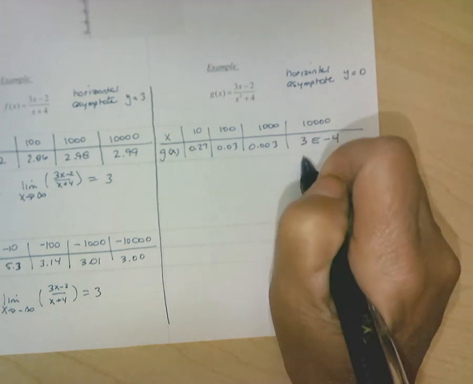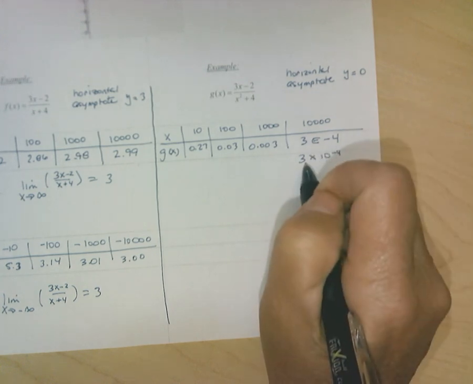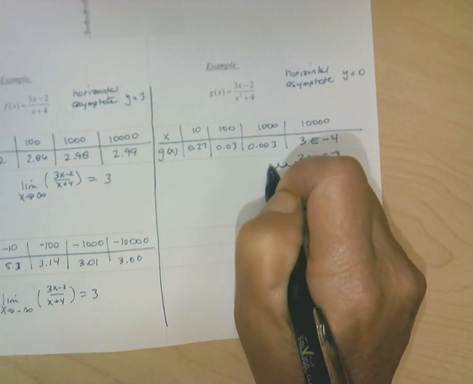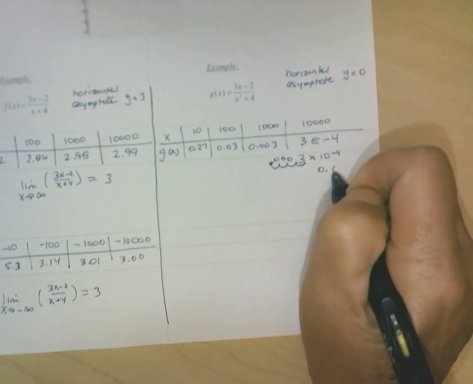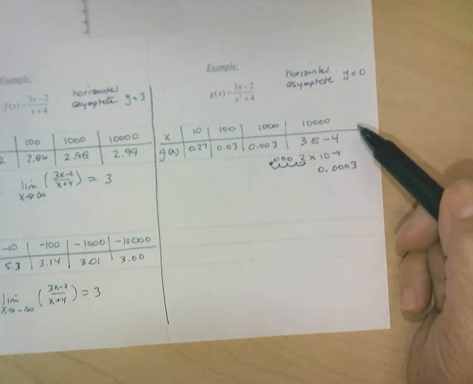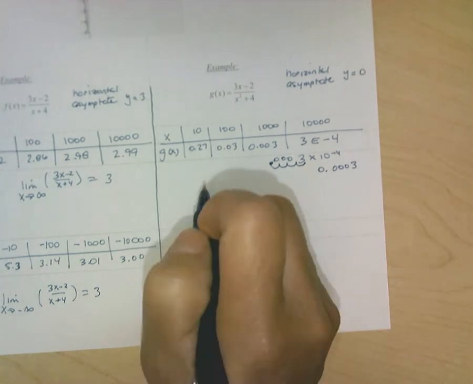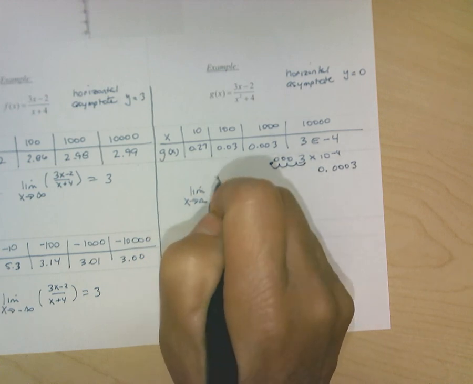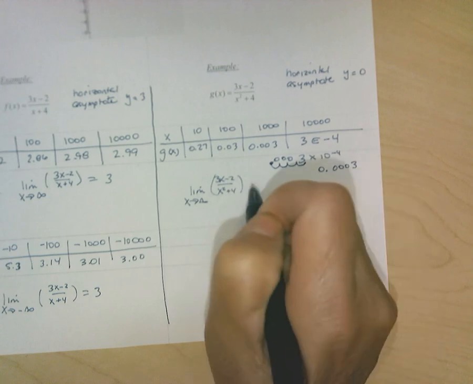You have to understand that this is saying 3 times 10 to the negative 4th, which means I need to take the decimal place here and move it back 4 spots. There's my new decimal place, fill in with zeros. So this is 0.0003. And if I go out to 100,000, this is going to get smaller yet.